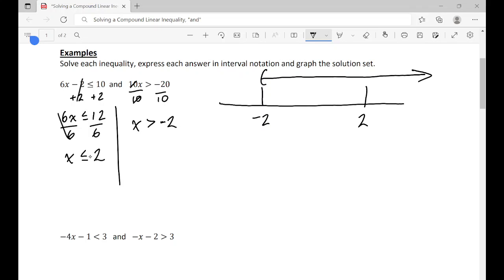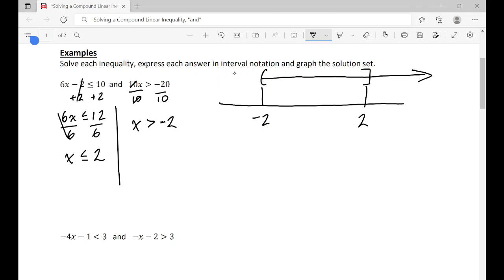Now, x is less than or equal to 2, which since it's an equal to, we're going to use a bracket, and it's going to be everything to the left. So everything in this direction. Now, our answer has to be where the lines overlap.